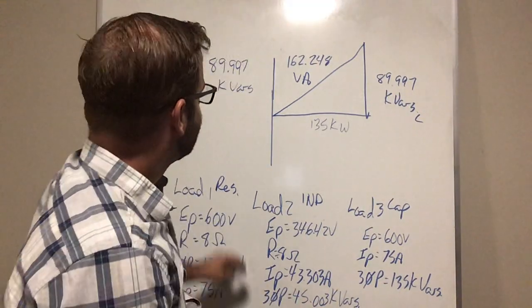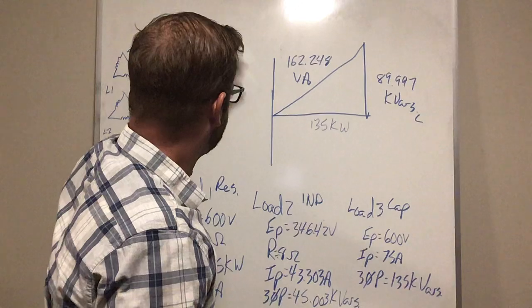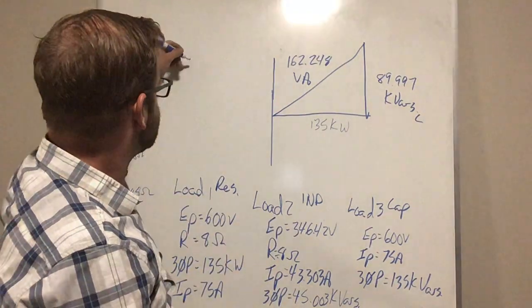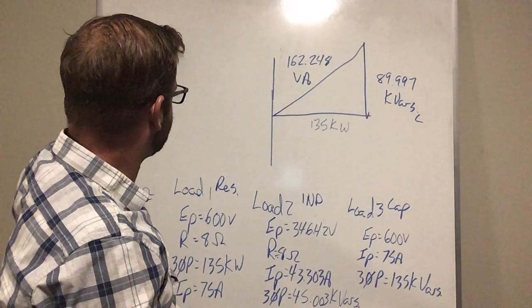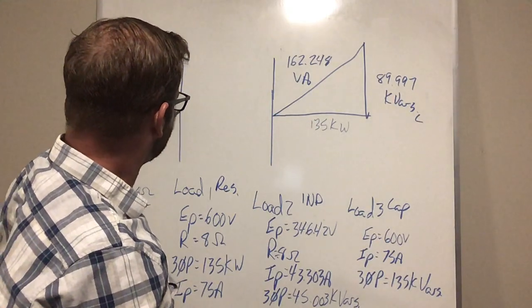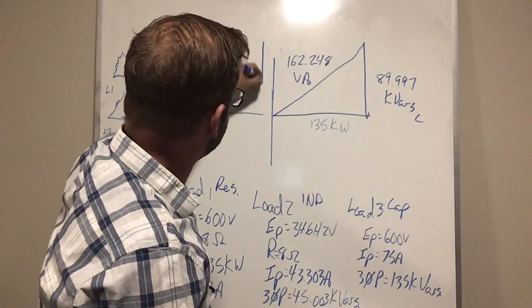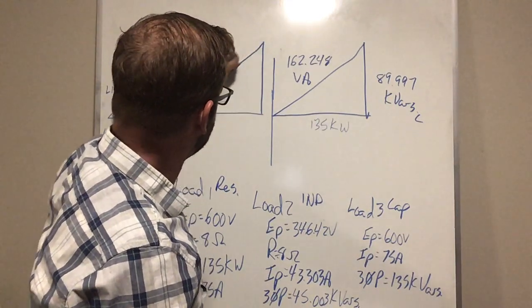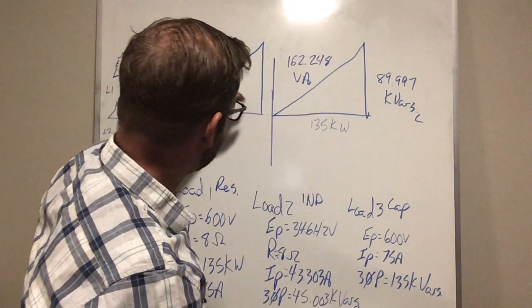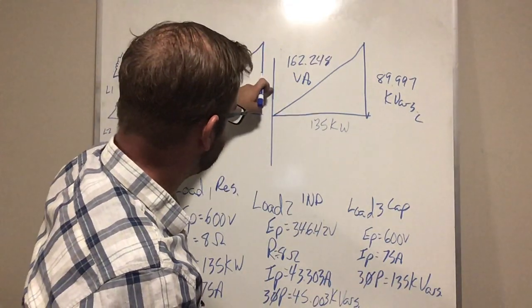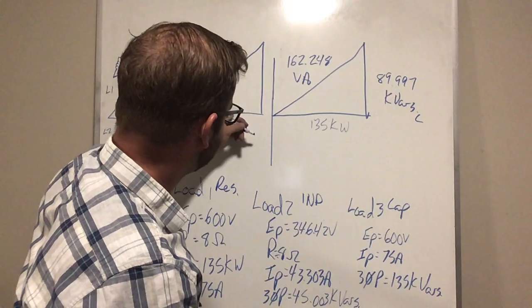And I think I have enough room to add the rest of it over with our triangle, our current triangle. I just draw the values in here on the inside for our inductive net current.